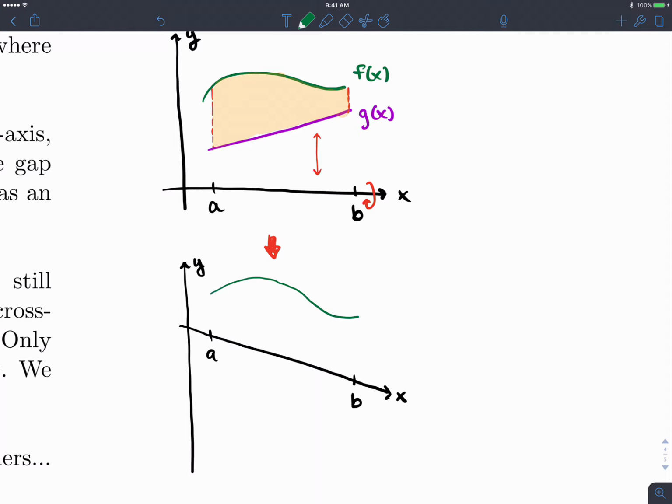And if we were to rotate that around, we would have a circle, and then this also gets rotated around, and we'd get a curve that would look something like that. So that's just the outer curve f of x that's been rotated around.